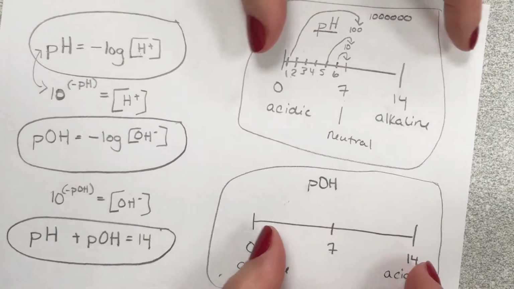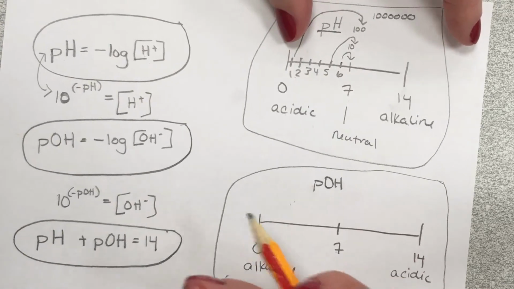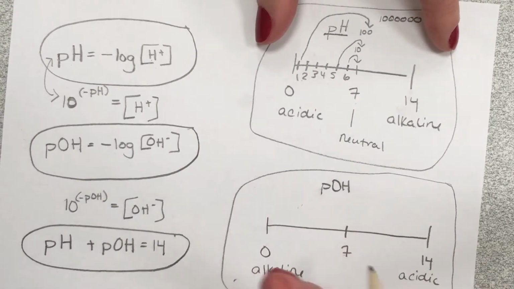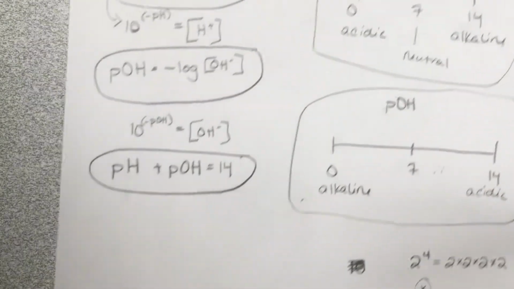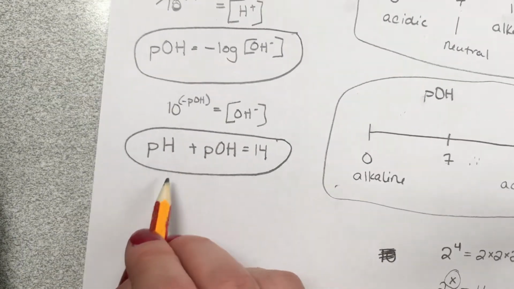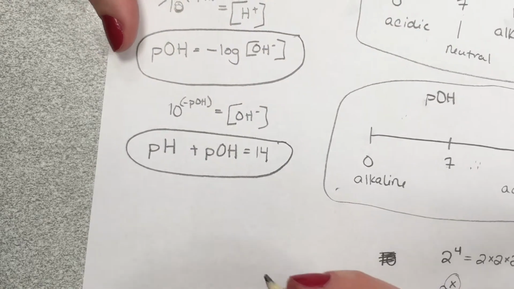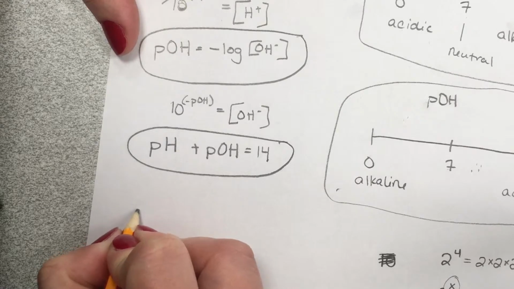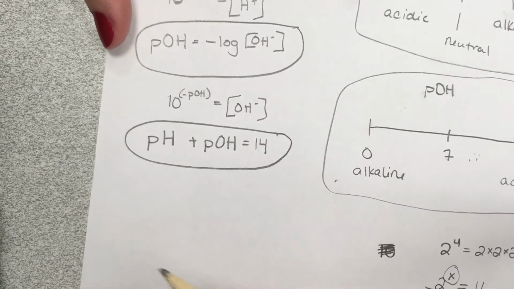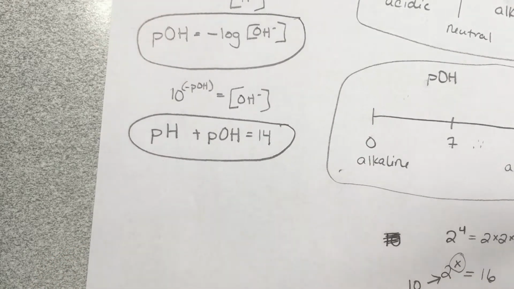And it helps to know that there are two scales, okay, inverted. So technically, if this is the opposite of that one, this plus this should equal 14. Moving on, the last equation you need to know is the ionization constant of water. Water acts as an acid or a base and dissociates into ions, rarely.